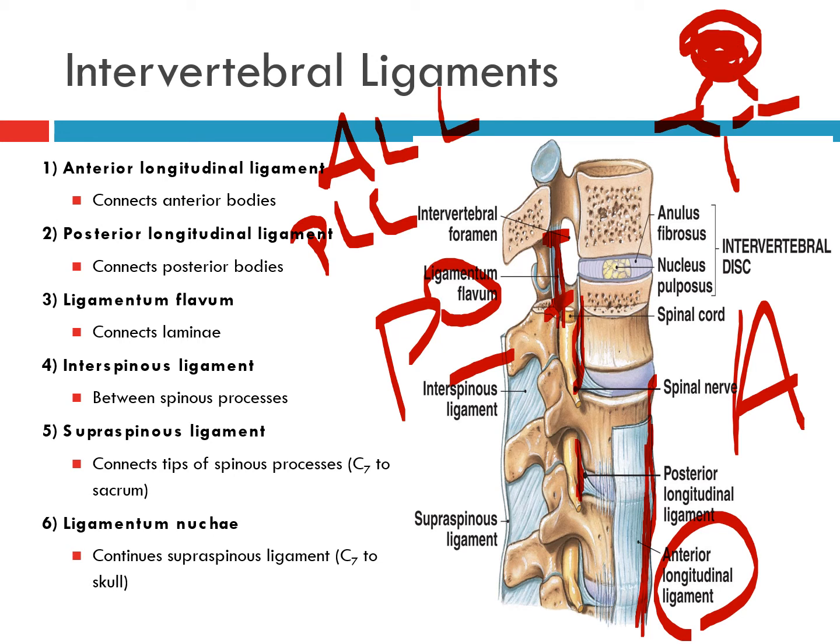So you've got the anterior longitudinal ligament here, and then the posterior longitudinal ligament here, and then the ligamentum flavum would be between the laminae of adjacent vertebrae. So it would go up to the upper vertebra and down to the lower vertebra.